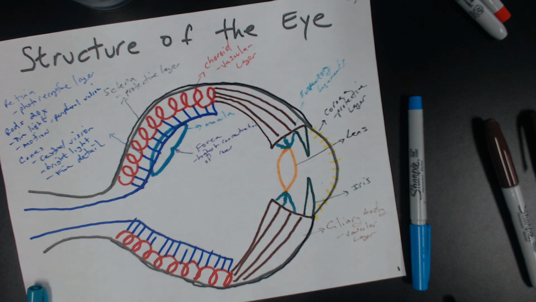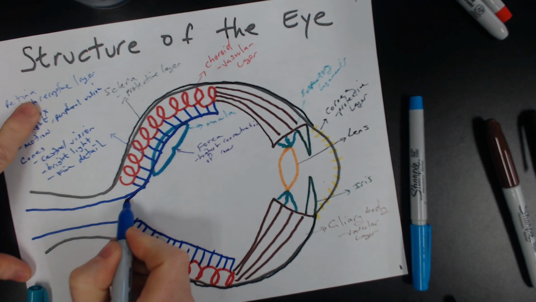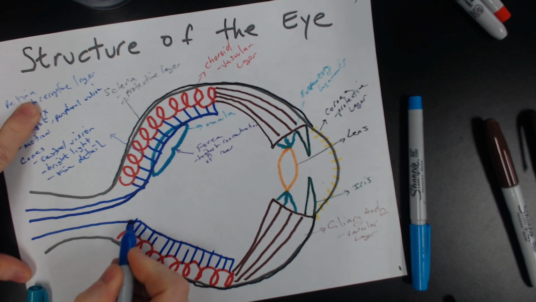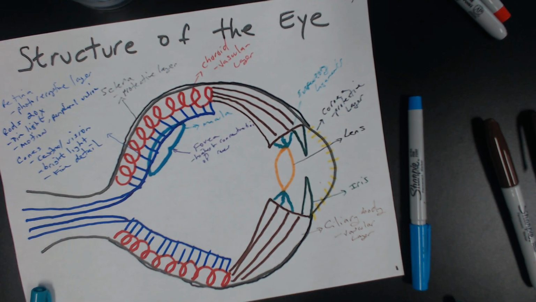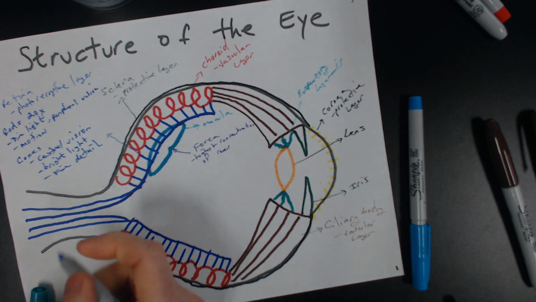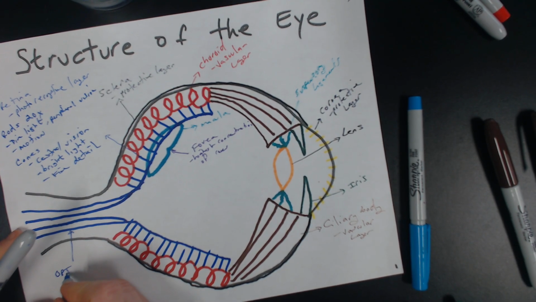Like I said, other important things. You know that all these are axons coming from the photoreceptive layer of the retina that are exiting out the back of the eyeball, and all of these axons coming together form your optic nerve, or cranial nerve number 2.